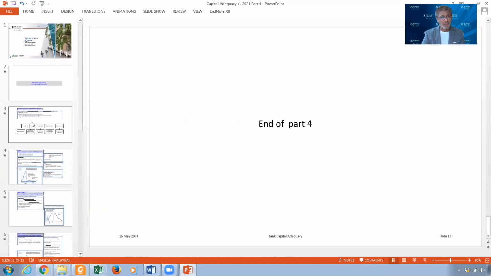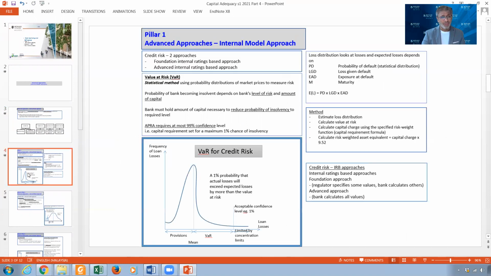I don't want you to worry a lot about Part 4 because I don't intend to cover it extensively, maybe in the future. But this time, I want you to know that if you are departing from the standardized model, which we discussed in Part 3, you can use the VaR to calculate all those risks, integrate them, calculate the risk matrix, then calculate the capital charge for all those risks, and then you transfer it to risk-weighted assets by multiplying by 9.52.